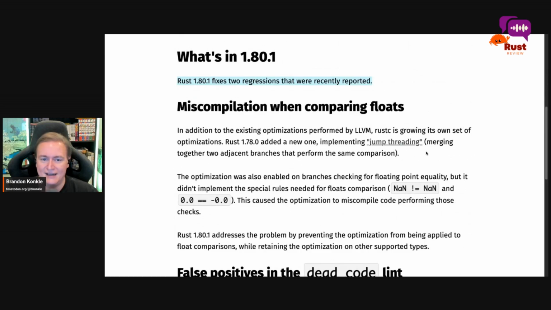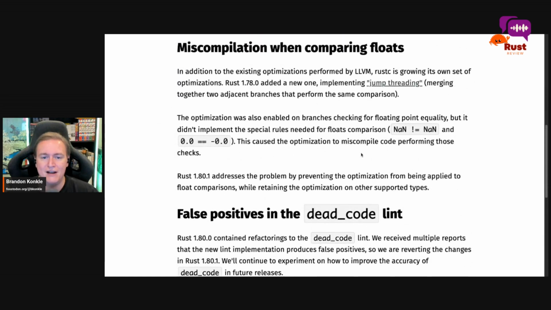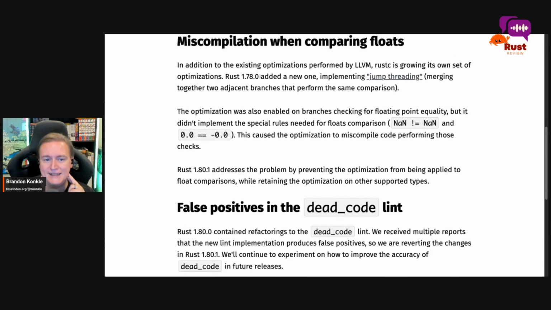First is a problem when comparing floats. There's an optimization. Rust 1.78 added an optimization called jump threading, where it's able to merge together two adjacent branches that perform the same comparison. And so they can optimize that into just one comparison.